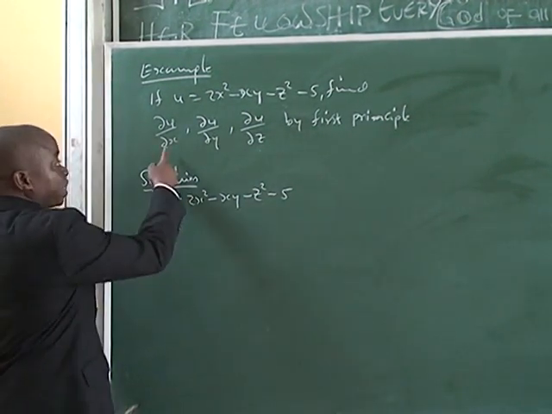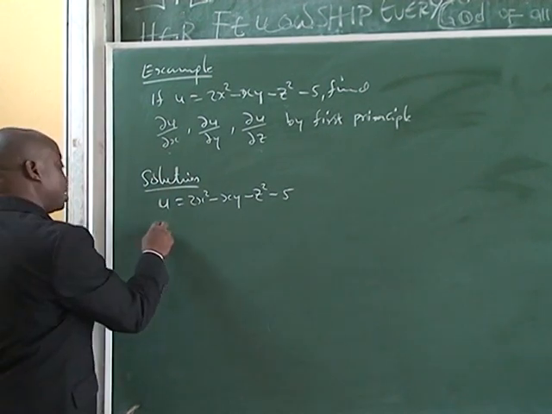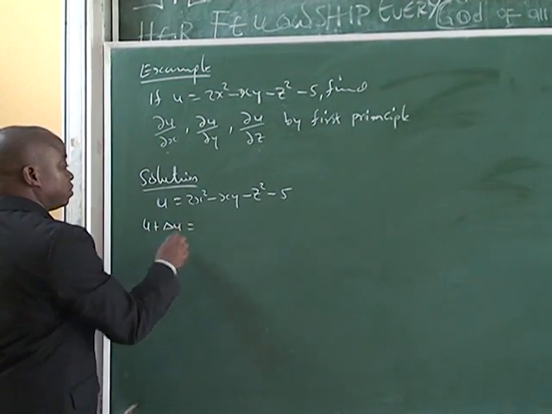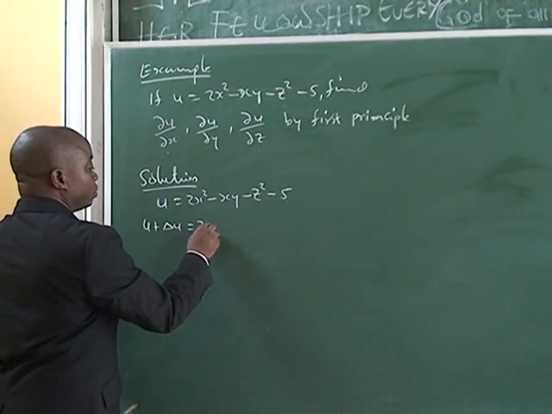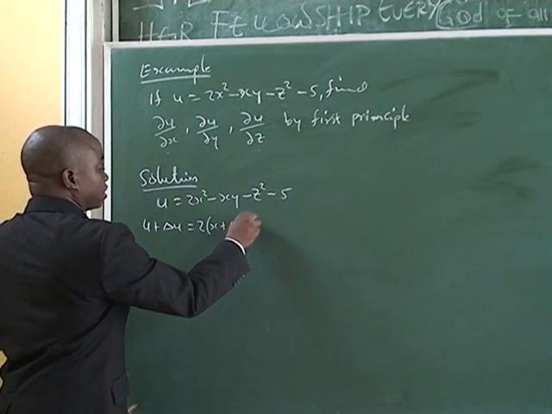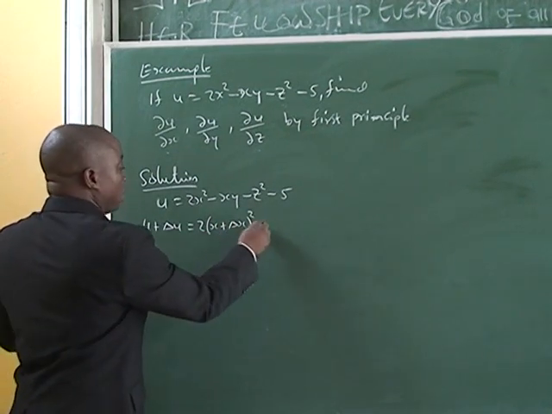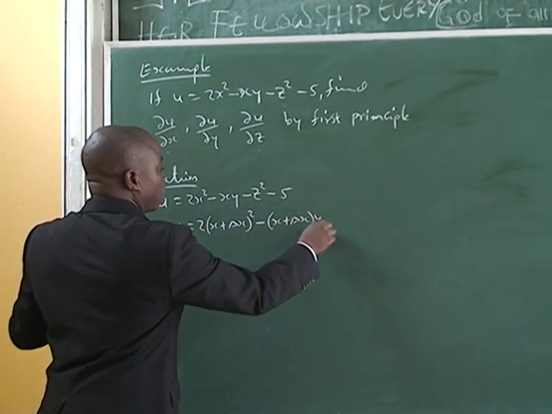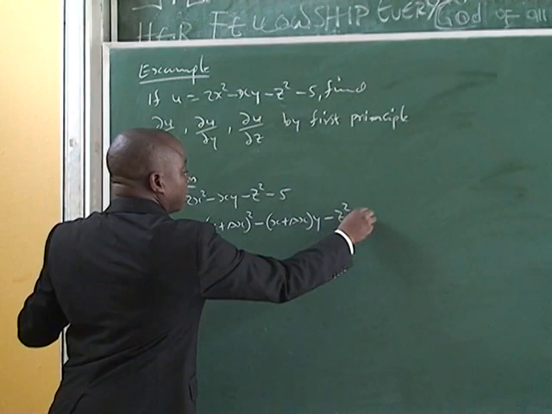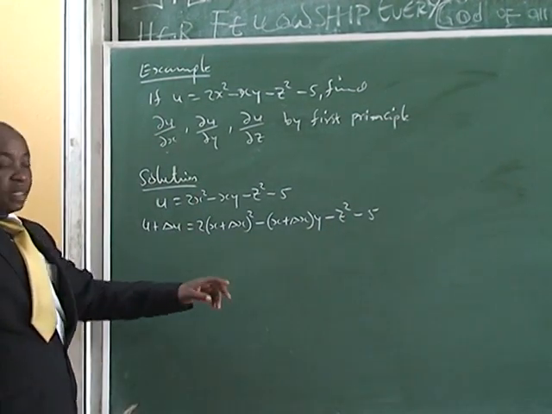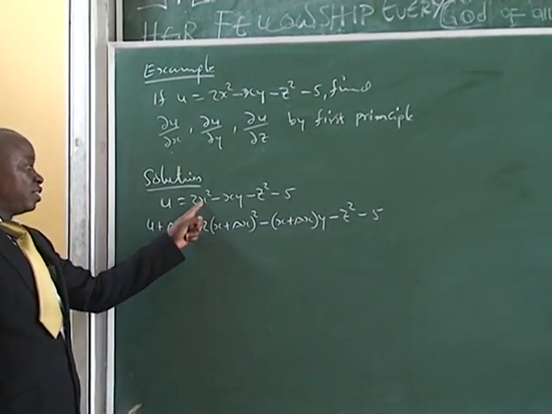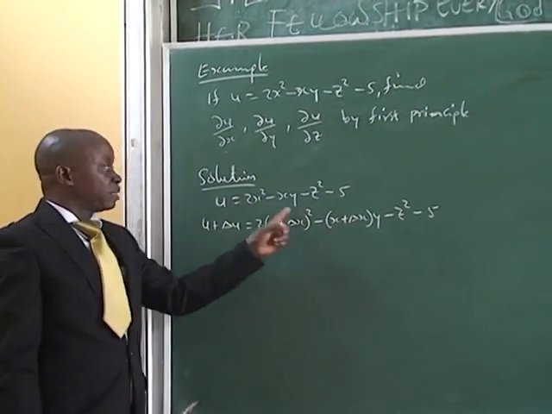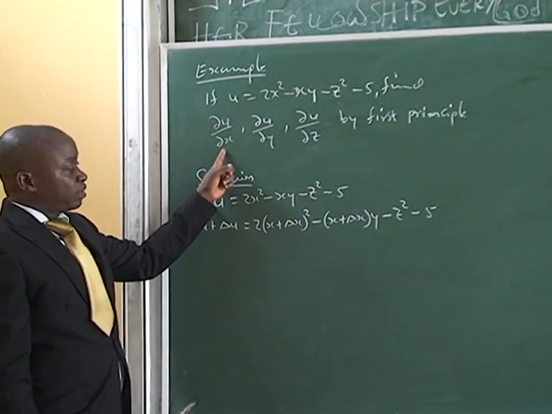Alright, so we need partial u partial x, and that would be u plus change in u will be 2x plus change in x squared minus x plus change in x times y minus z squared minus 5. Notice that change only occurs in x because we want to differentiate partially with respect to x.